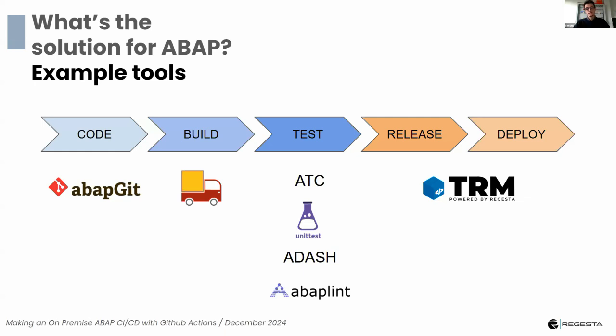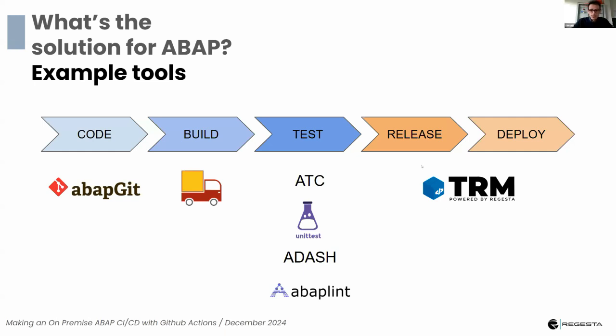When it comes to testing, you can obviously have tests that you run manually, but in this case we're talking about automated tests, and there's an actual SAP solution, which is ATC. We're not going to see it today, but just know that it's there and it could be used if you want. What we are going to see is ADASH and abapLint. Those are two open source projects, just like abapGit, that will help you with automated tests. ADASH is for unit testing, and abapLint is for syntax check.